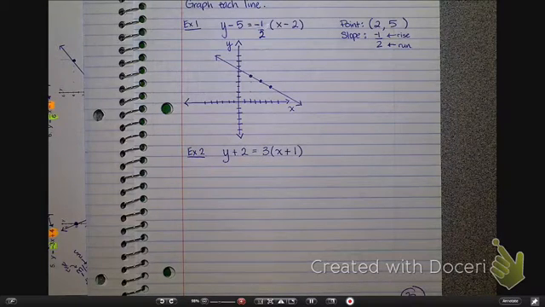Okay, write this down, please. Okay, so in this one you have y plus 2 equals 3 times x plus 1.